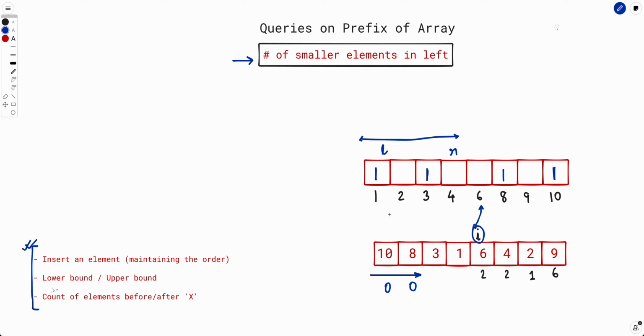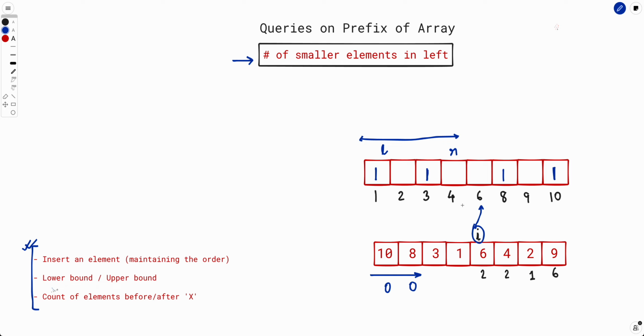Now to find out how many elements are smaller than 6 and lie in the left, we can simply do a range sum in this particular L to R. And the range sum would give us the number of elements which are smaller and lie in the left.